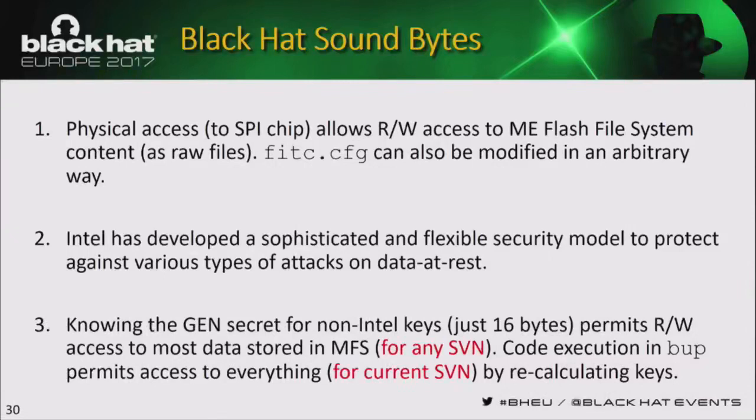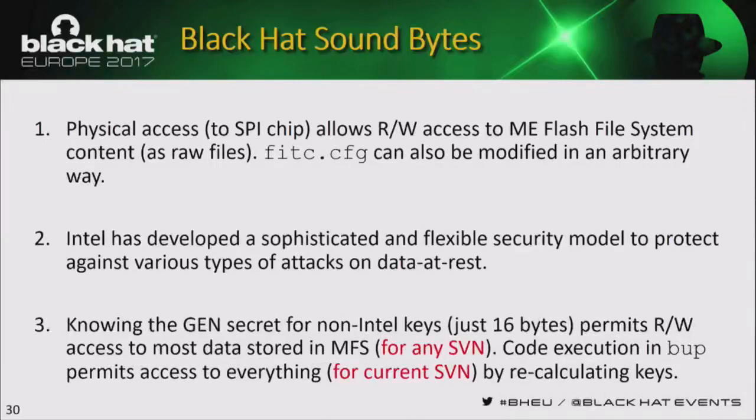Despite Intel designing a very complicated and, I believe, smart security model, they left the ability to get secrets from Gen for non-Intel keys. And if you have an exploit in the BUP module, you are able to recalculate the keys for the current version of SVN, and you will be able to manipulate any file on the file system.